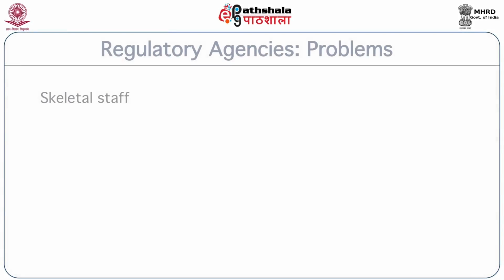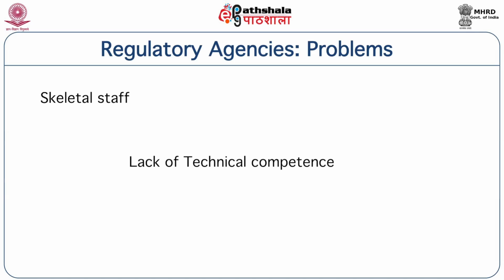So when you look at these regulatory agencies, the problem encountered in third world countries is that they have very skeletal staff. They do not have adequate manpower. They do not have adequate technical competence, and the bureaucracy is a very weak structure in India, and therefore there are a number of problems these regulatory agencies encounter in approving the drugs.